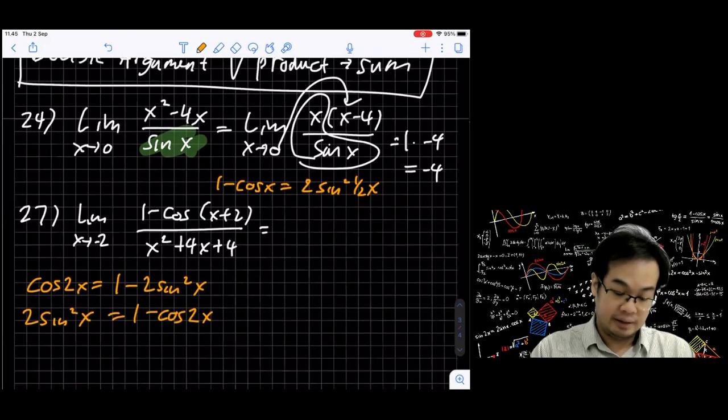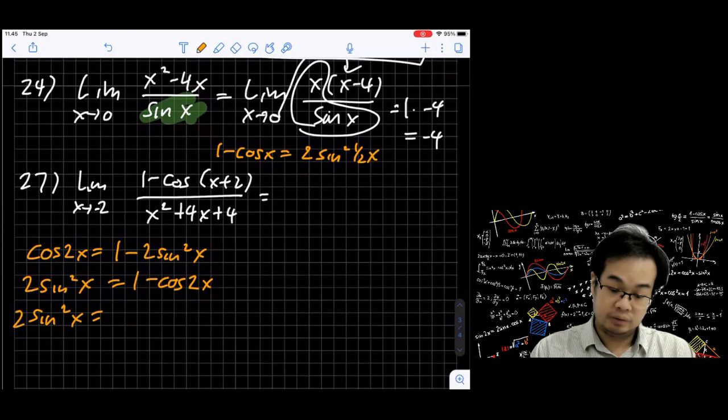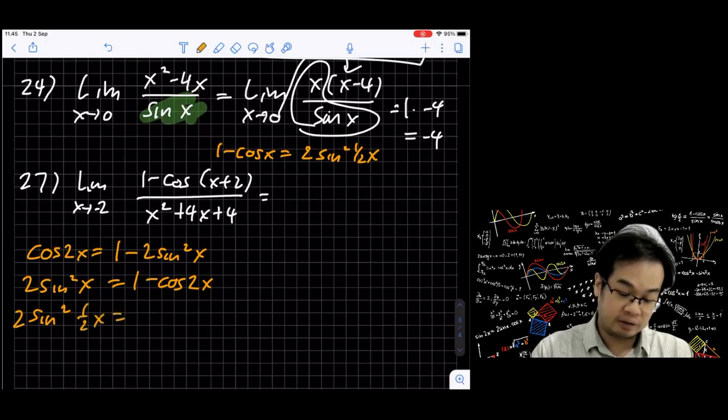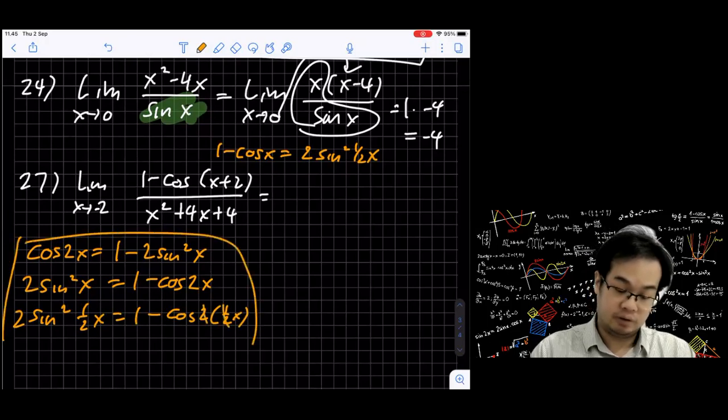Sine squared x is then half of that, and then we make the argument half of the value. If this is half x, then of course this is 1 minus cos of 2 times half x. We change the x into half x. So this is what we get.